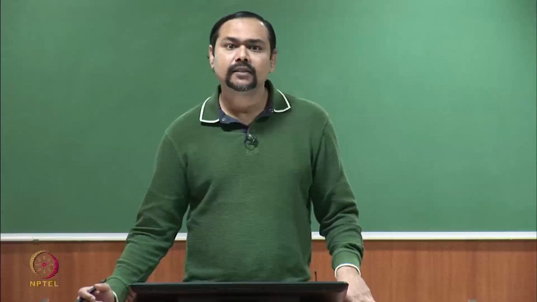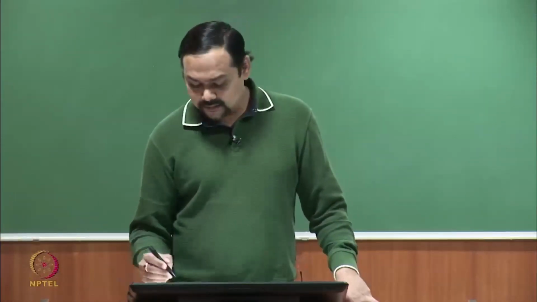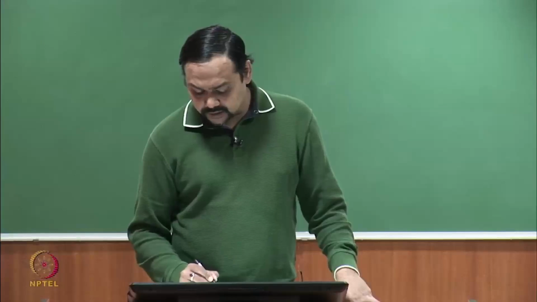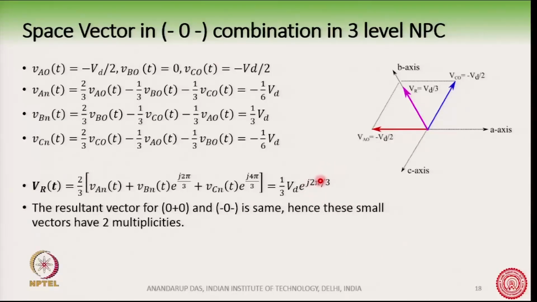In case of a 3 level space vector diagram, we see that this particular active vector, 1/3 Vd e to the power j 2 pi by 3, has in fact two multiplicities. So, this is how the resultant space vector looks.